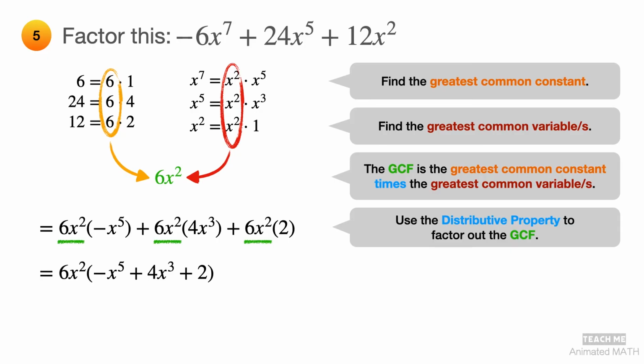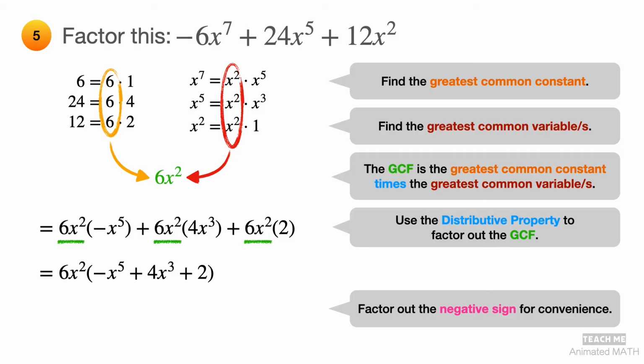But wait! Sometimes, you might want to factor out the negative sign so that the leading coefficient of the highest degree term is positive. This would make the factored form negative 6x squared times x raised to 5 minus 4x cubed minus 2.